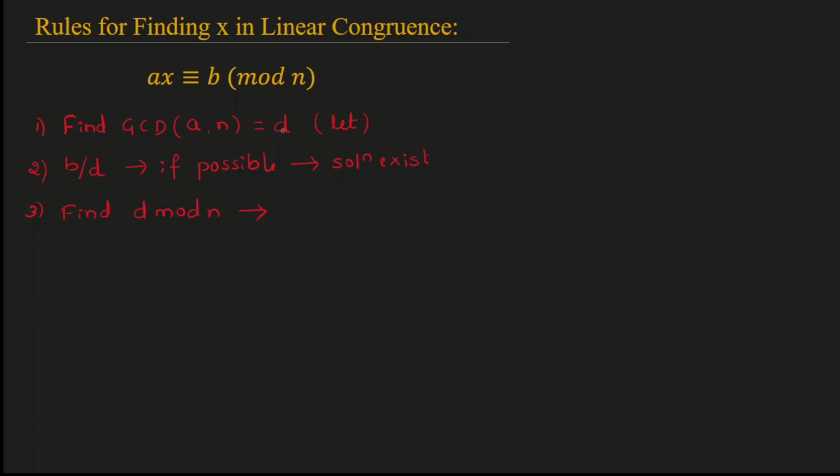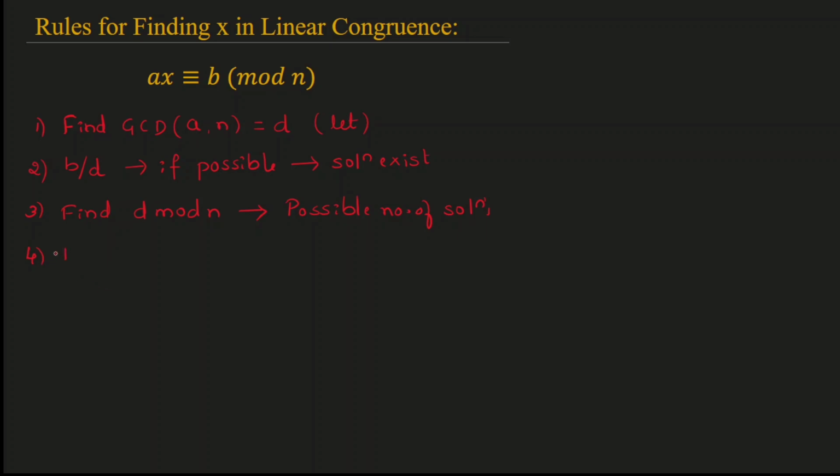Whatever GCD you get, do D mod n, and whatever number you get is the possible number of solutions. You get to know how many solutions you are getting for the given congruence.